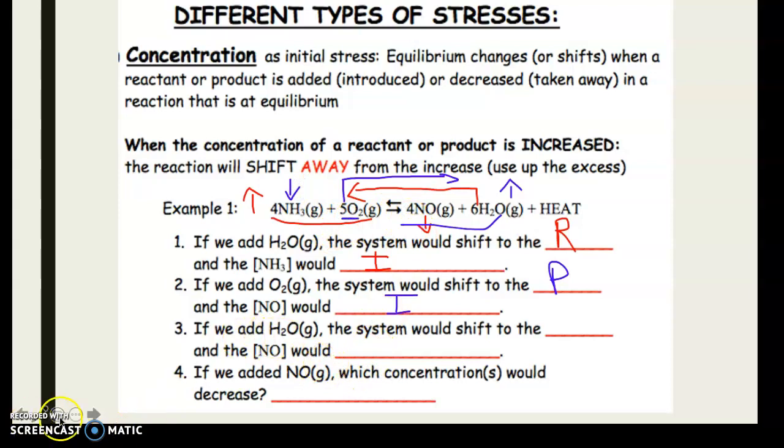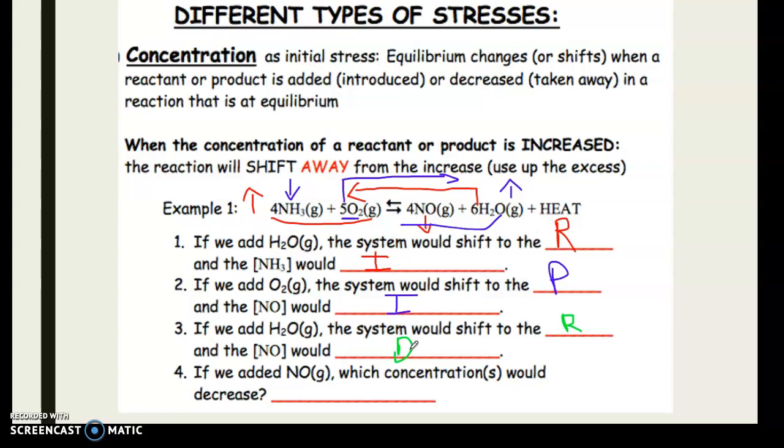If we add H2O right here, we added H2O already, right? We already know the system is going to shift towards our reactant side. But NO would decrease. Even though technically it's not decreasing, in comparison to the shift, it is decreasing.